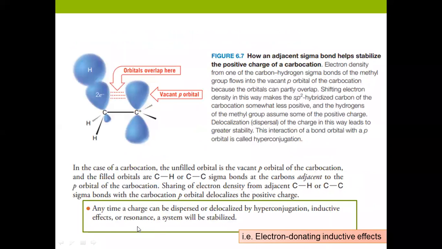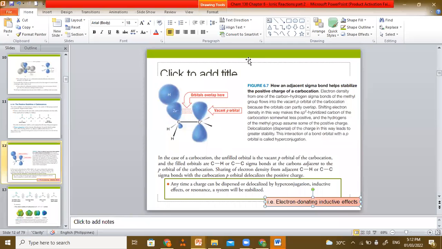Resonance can only happen when you see a conjugated system, such as in the presence of a double bond. That's where you can easily find resonance structures.